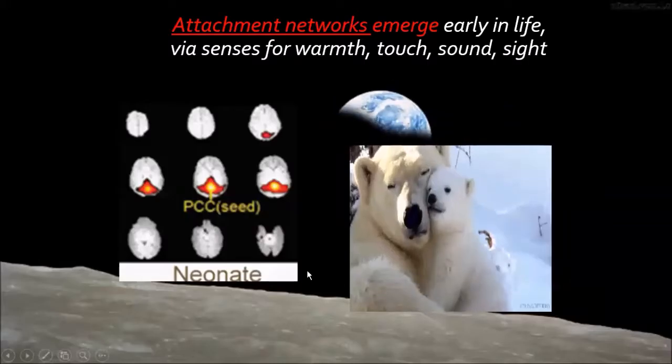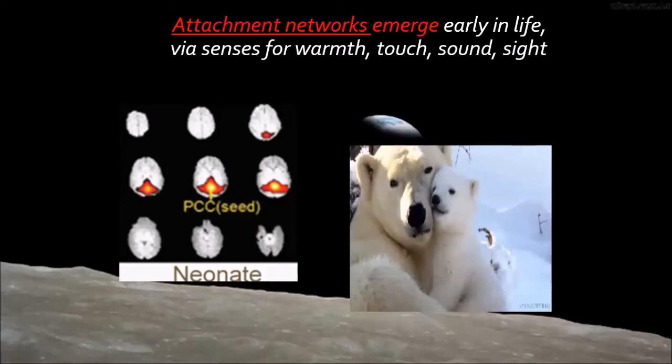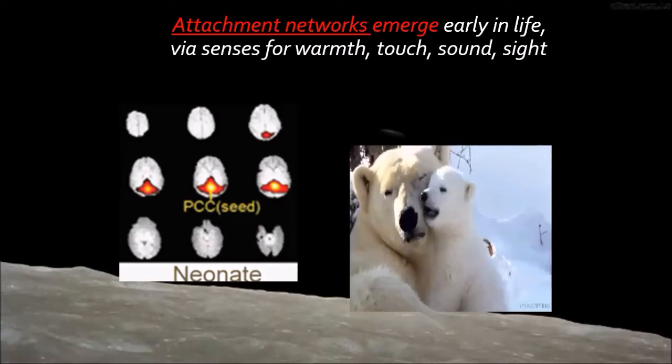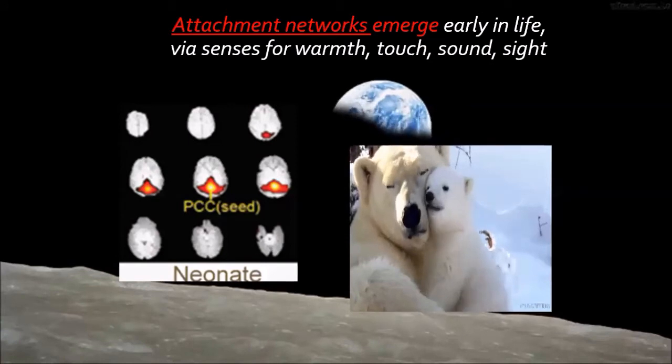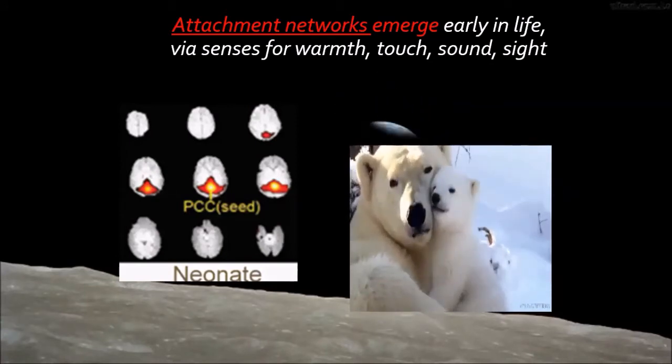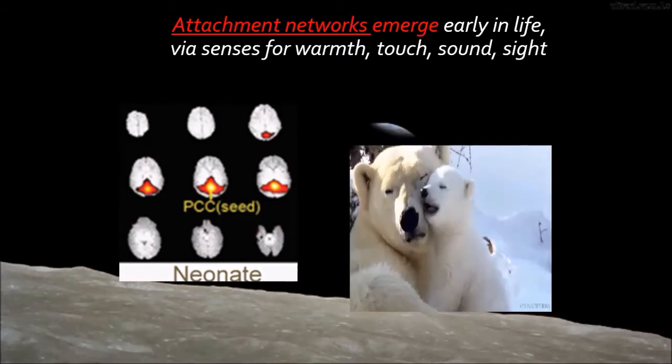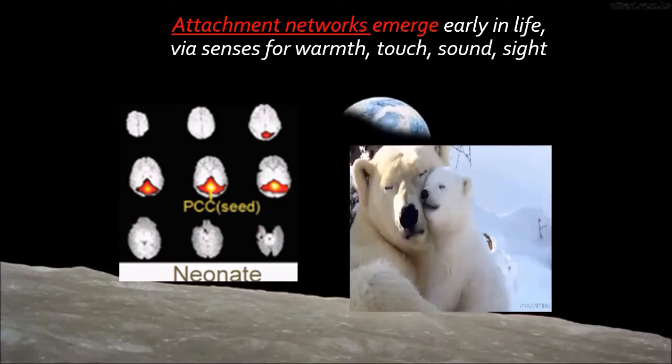Okay, so let's look at the attachment networks. Again, we are a very social creature. We aren't like turtles who release their eggs and bury them, run away, and then all the young have to fend for themselves. We have all this caretaking going on.